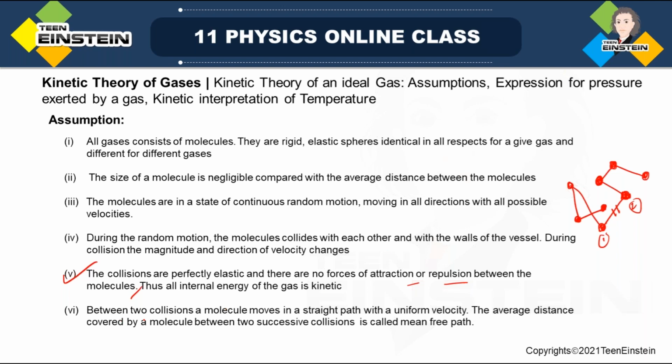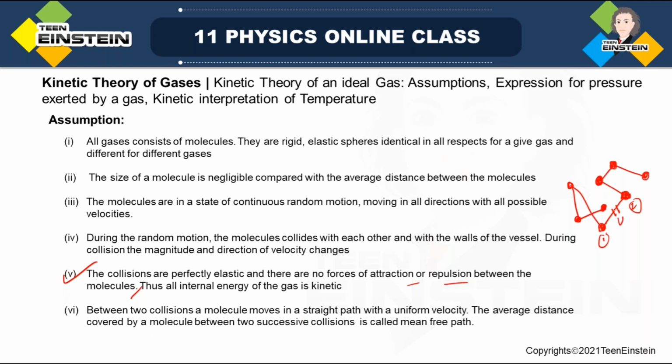So between two collisions, a molecule moves in a straight path with uniform velocity, a constant velocity, in a straight line. The average distance covered by molecules between two successive collisions is called the mean free path.